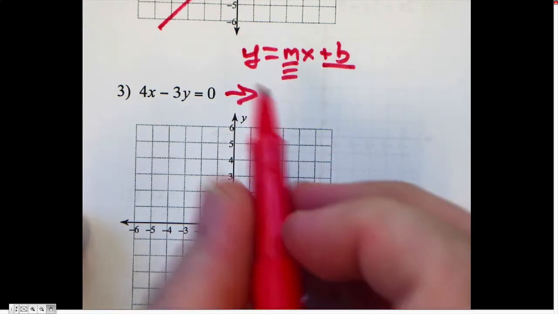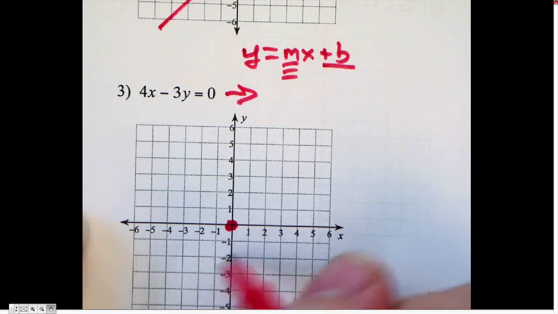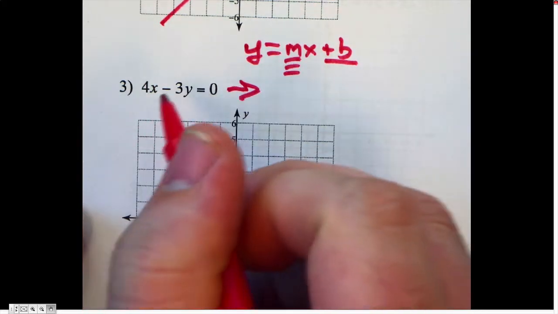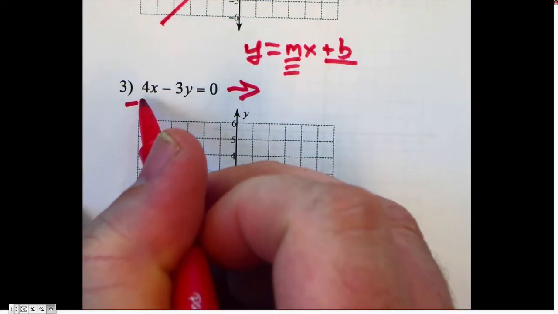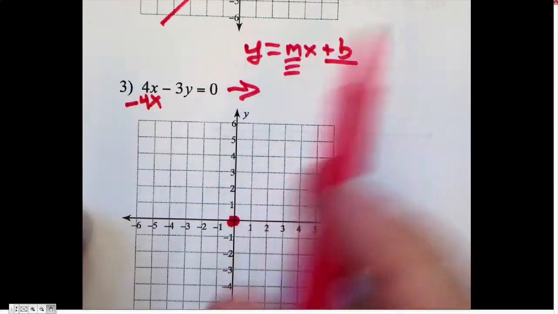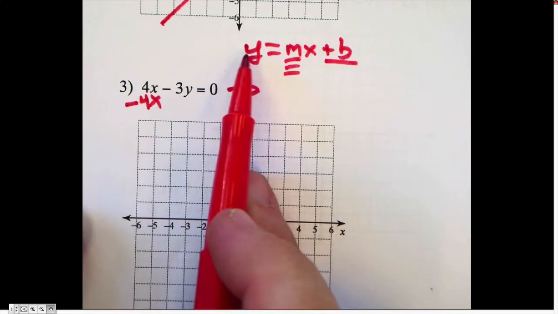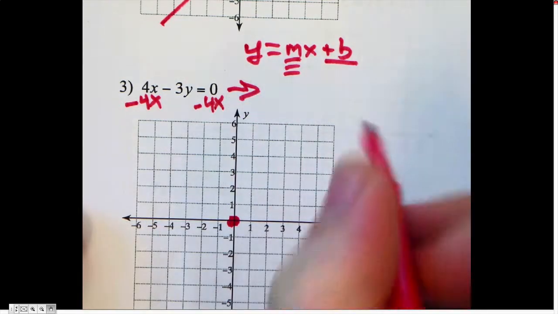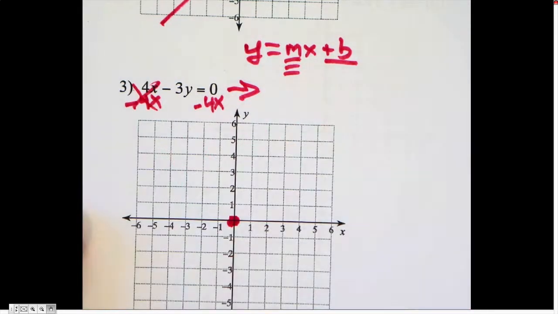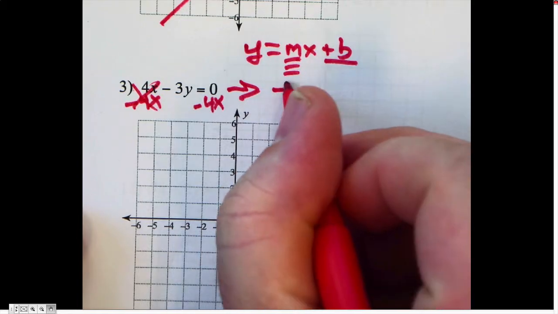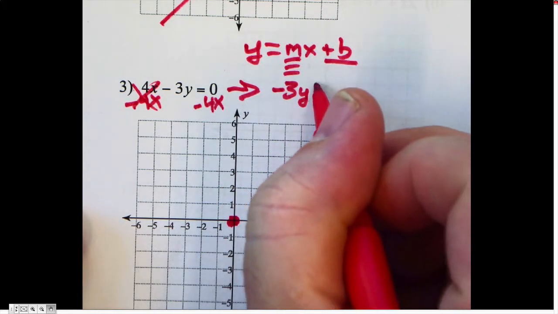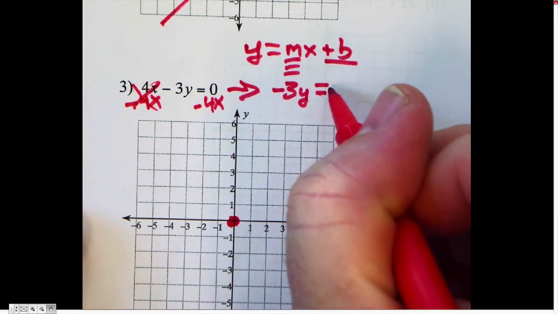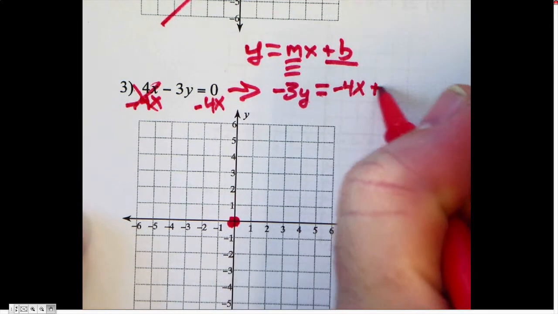Well, we know what the y-intercept is. It's 0. We figured that out by making x 0. But we need to find the slope. So we're going to minus 4x, because in this version up here, we don't have any x's on the left. But whatever I do to one side, I have to do to the other. So now that goes away, and I'm left with negative 3y equals, and I want the x first, so negative 4x and then plus 0.